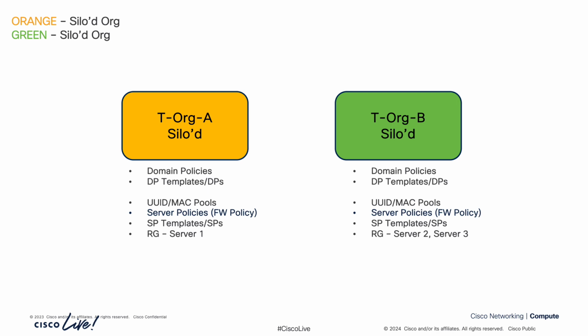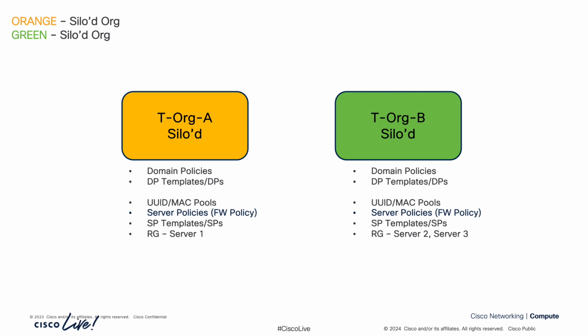In our model here, we just have org A and org B. But what if we had a dozen of these orgs and it had the same firmware policy in each and every org? Well, I had to create that policy 12 times. And if I periodically update my firmware, then I have to go in and edit those policies each and every time. So that's just not very efficient.